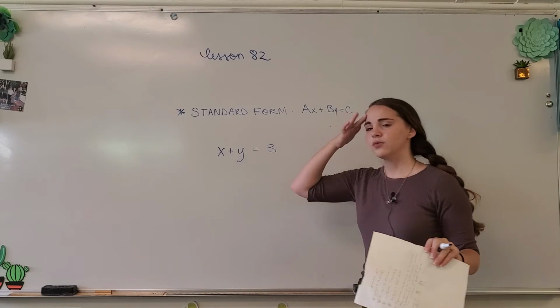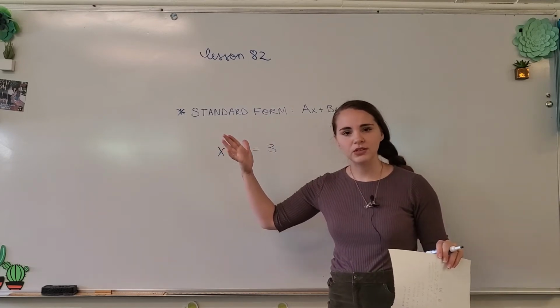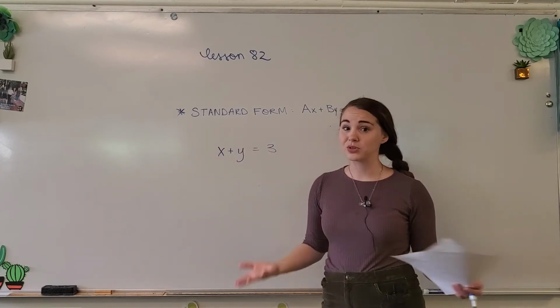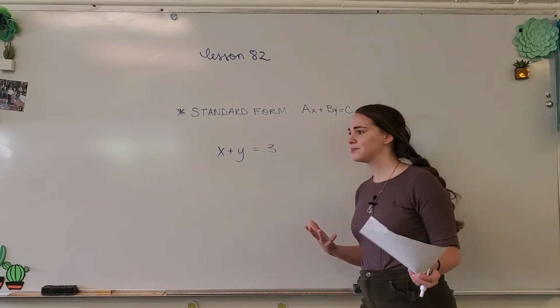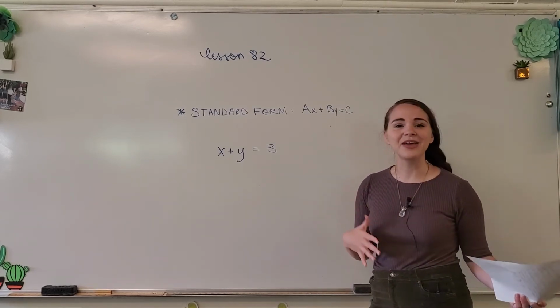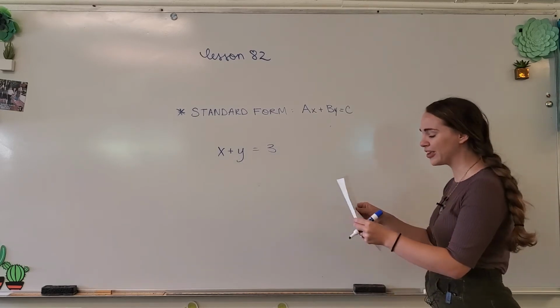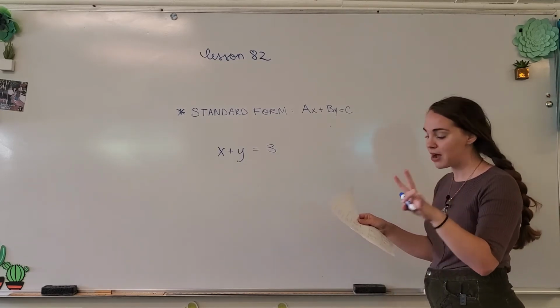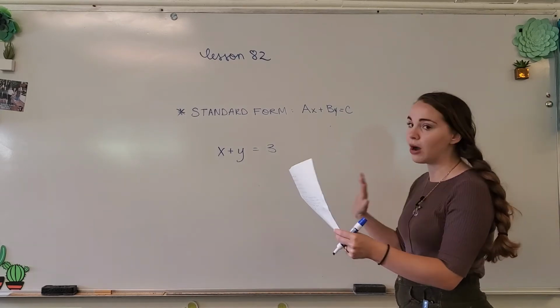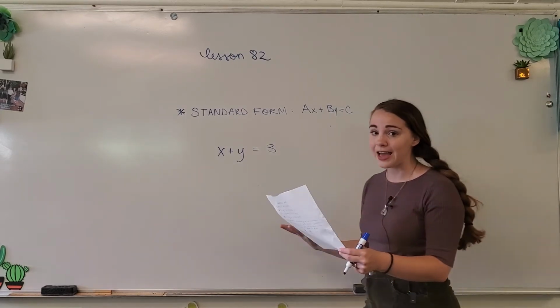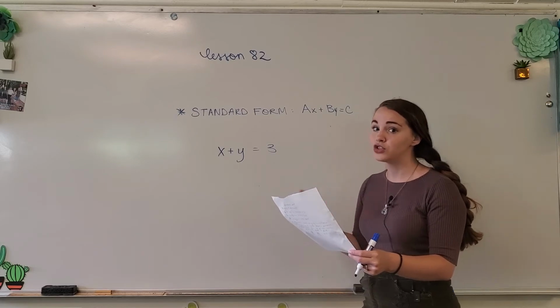Now, 1 plus 2 seems obvious, but there are negative numbers now. So it could be negative 8 plus 11 or whatever, you know, it doesn't have to be just positive numbers. So you can't jump to that conclusion. And then if you double the first, what's doubling x? Multiplying by 2.